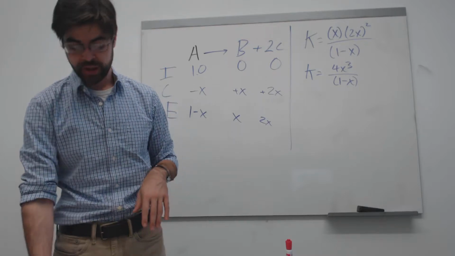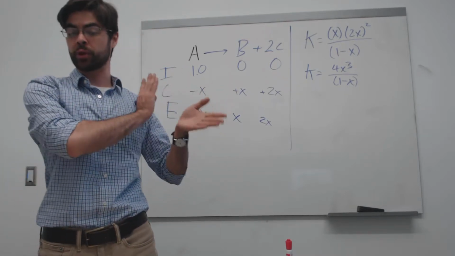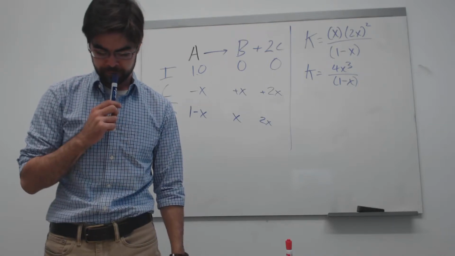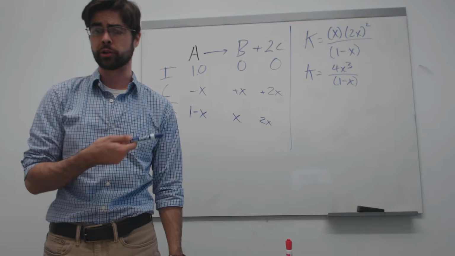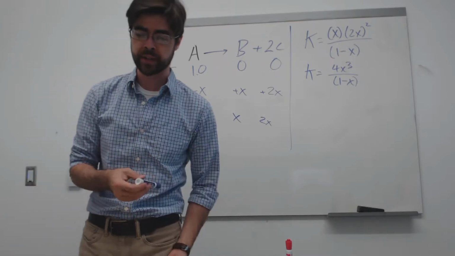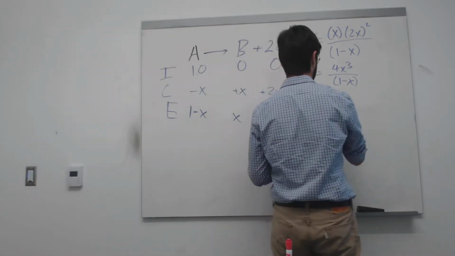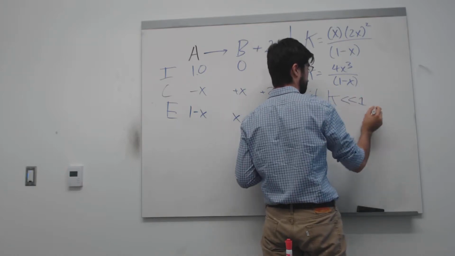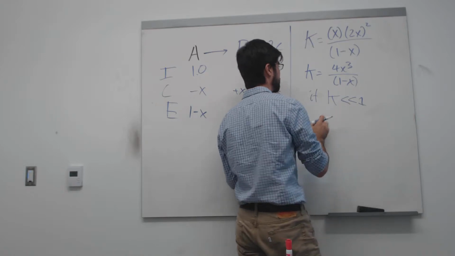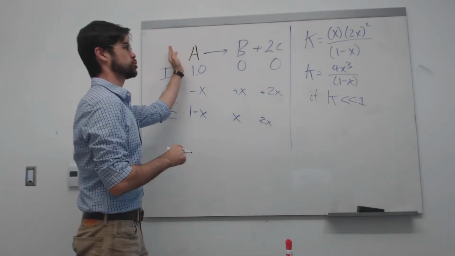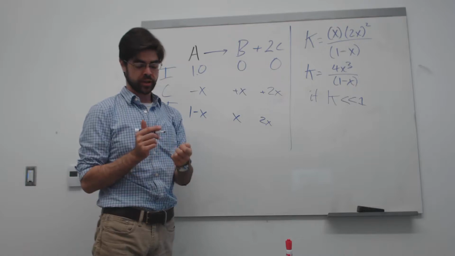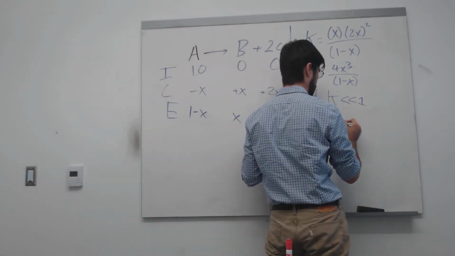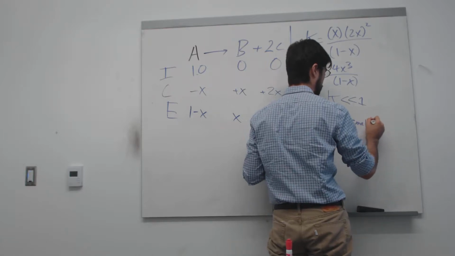But one thing we can do, so point being, this is an example where you can't use the quadratic formula, and you're kind of at a loss unless you make some assumptions. So, and this is important, if K is small, much, much less than 1, very, very small, then I don't expect the reaction to shift much towards the products, meaning that I expect X to be small.